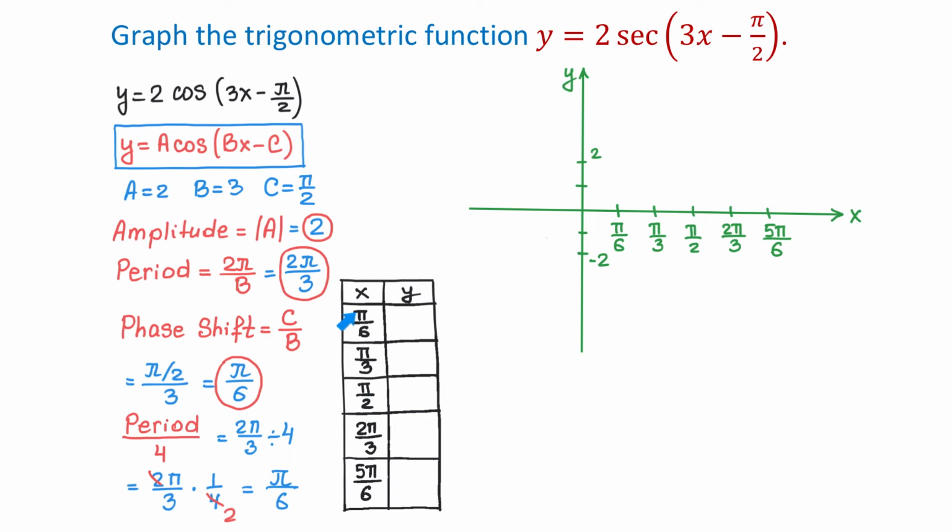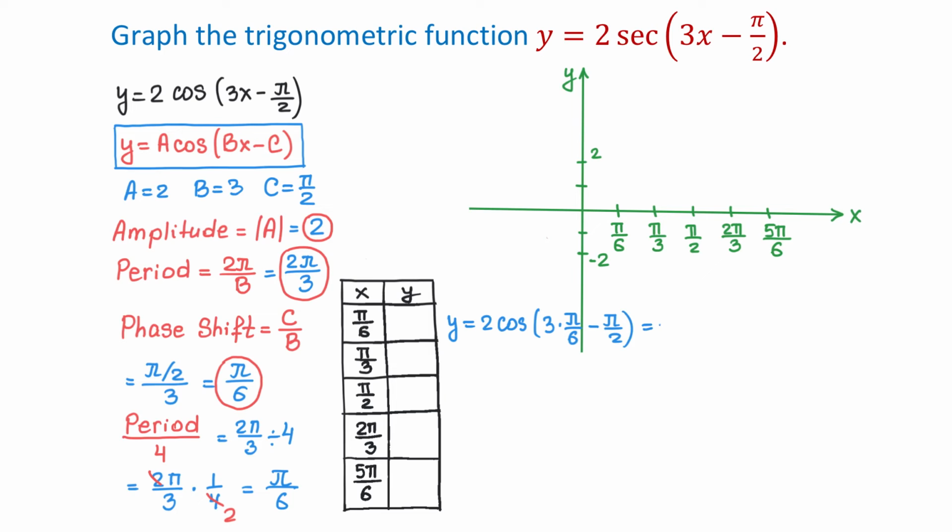So here we have the x coordinates and now we will take the first one and we will replace it in the function to find the y coordinate. Then I will have y equals 2 cosine of 3 times pi over 6 minus pi over 2. 3 pi over 6 is the same as pi over 2 and pi over 2 minus pi over 2 is 0.